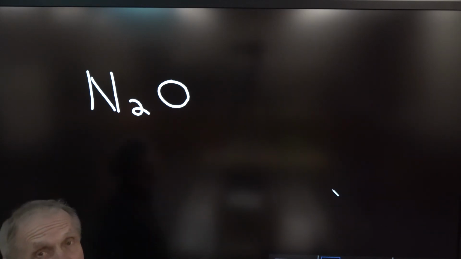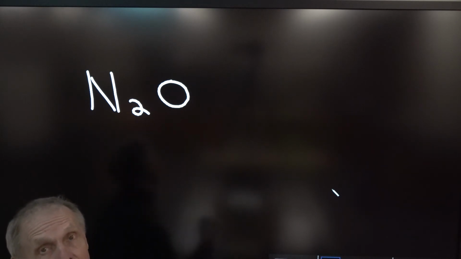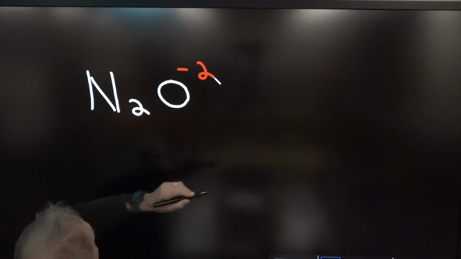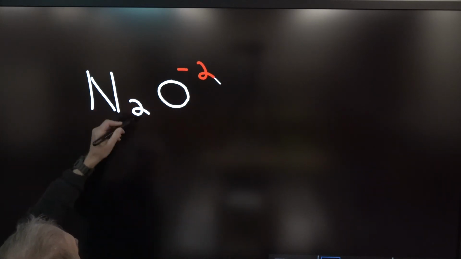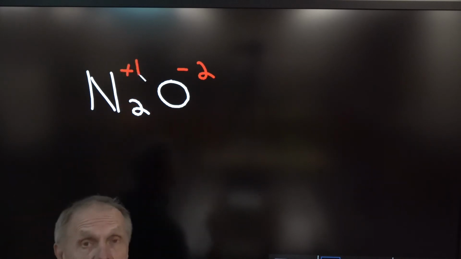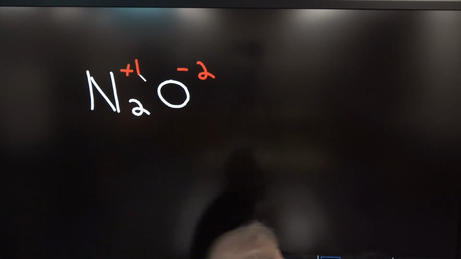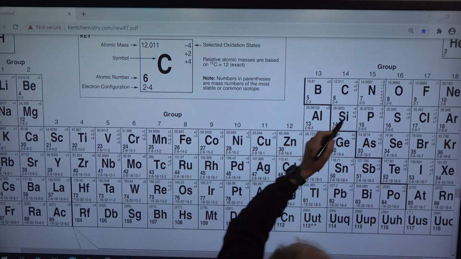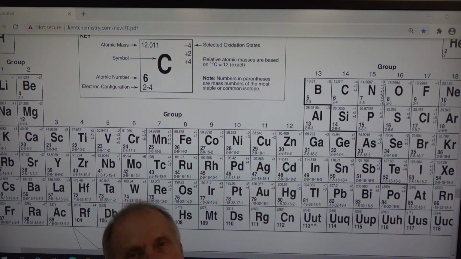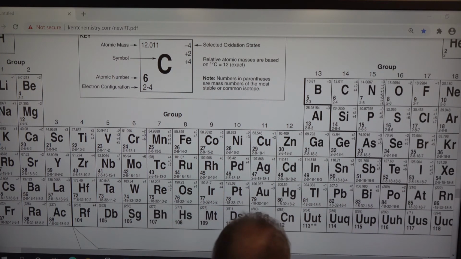O, if it's not hooked to fluorine or diatomic gas or peroxide, is always -2. So that's a -2. Well, this means I have to have 2 N's. They both have to be +1. But let's check and see if nitrogen has a +1. There's nitrogen right there, and there's the +1. So that is a viable substance.